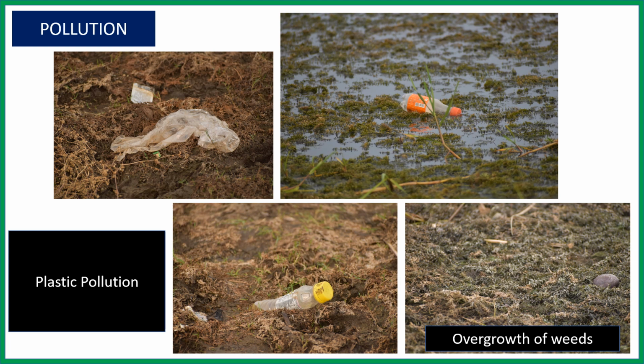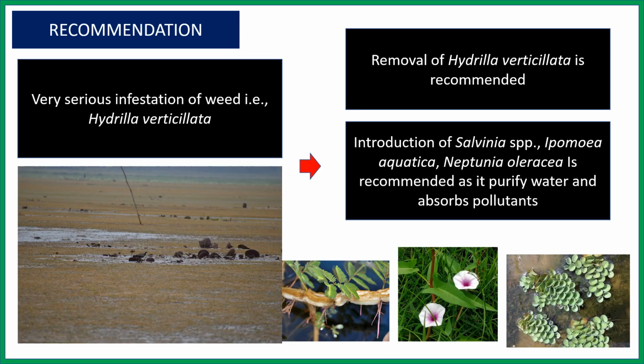The condition is so bad for this lake, which they say is the largest freshwater lake, and it should be well maintained, I suppose. But there is a huge and serious infestation of the aquatic weed Hydrilla verticillata, and I think there is an urgent need for its removal.